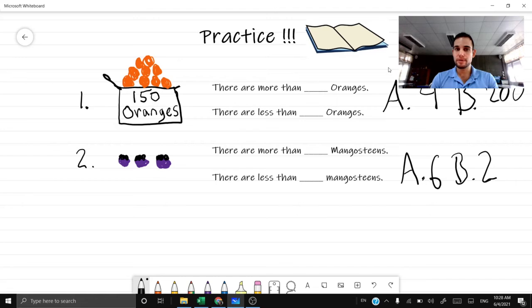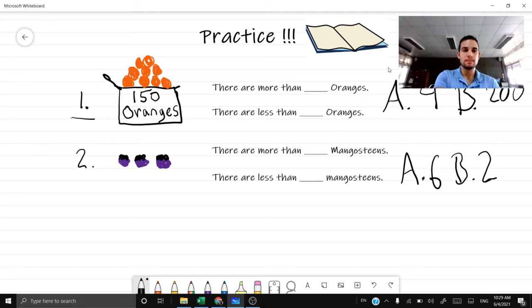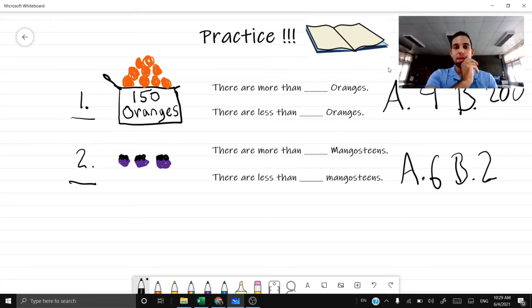In your blue books, write down question 1 and write down question 2. For question 1, it says there are more than oranges. And there are less than oranges.